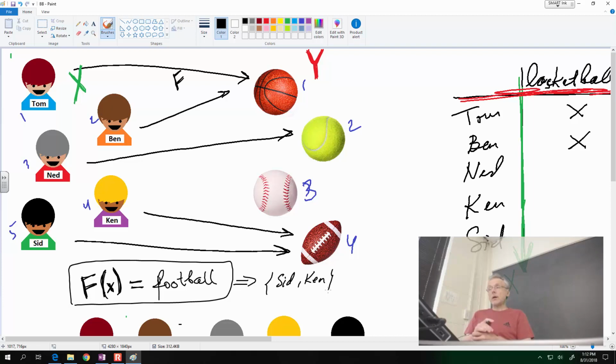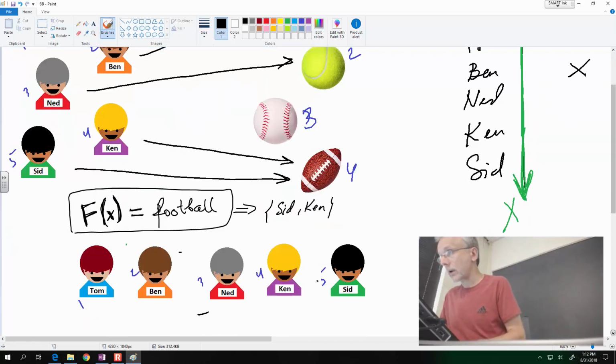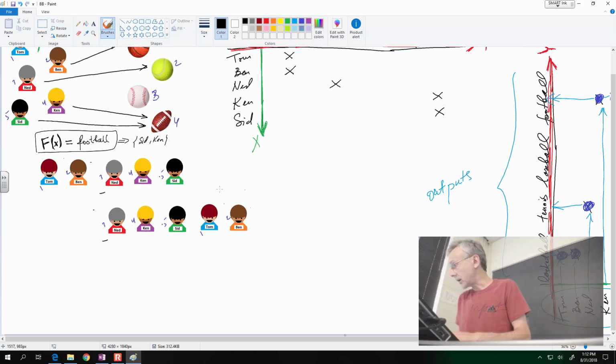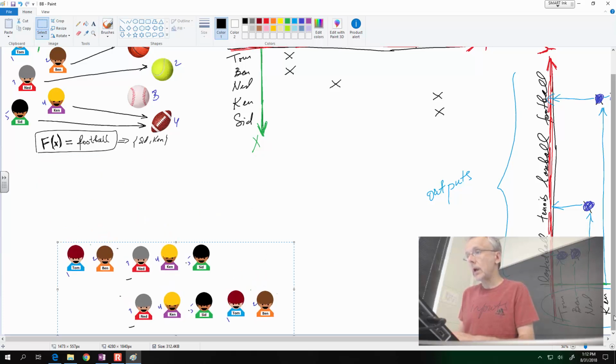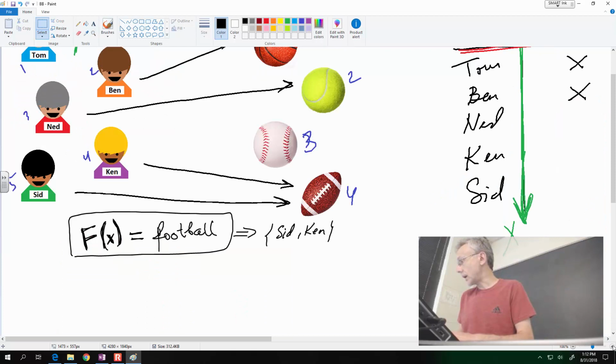And then you can start with any of the four outputs. Right, so the outputs are those four, and you can ask the same question. So let me move it out of the way. So let's do that.